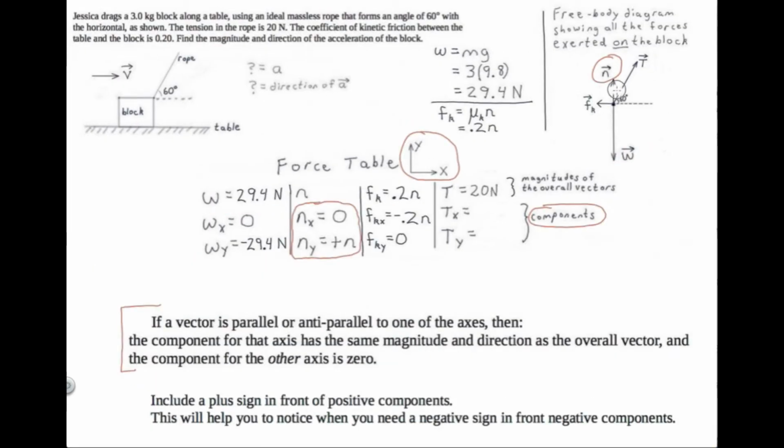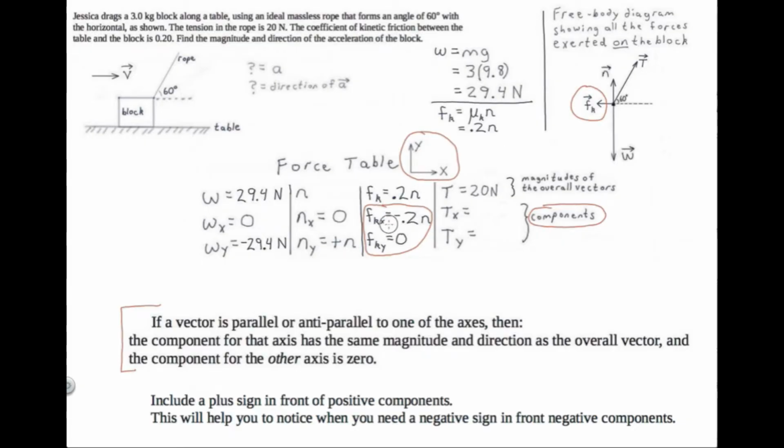The normal force points up, which is our positive y direction. So n sub y is positive. N sub y has the same magnitude as the overall normal force, which we are representing with the symbol n. And the other component, the x component, is 0. The kinetic friction force points left, which is our negative x direction.